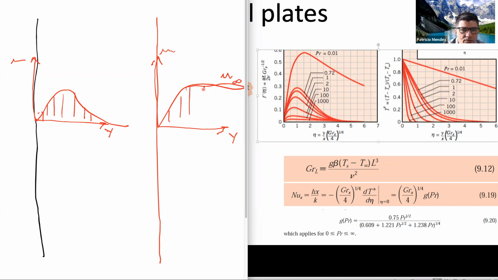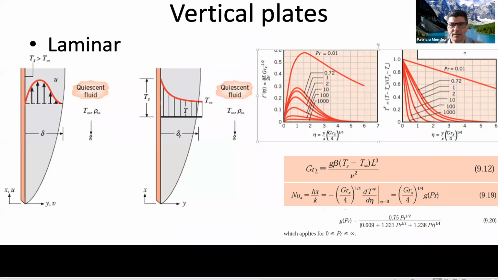They don't go back to zero. And that's the main difference from what we have seen before.